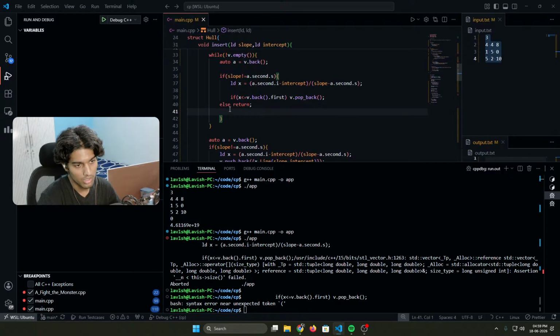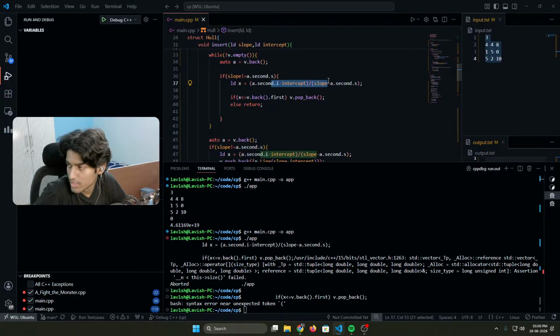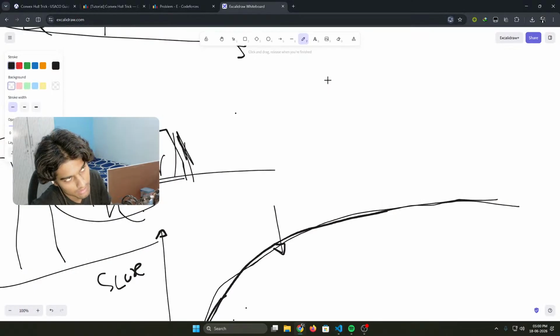I'm just wondering, what if we can't... I mean, if the slope is the same, then what is the scenario of the slope being the same?